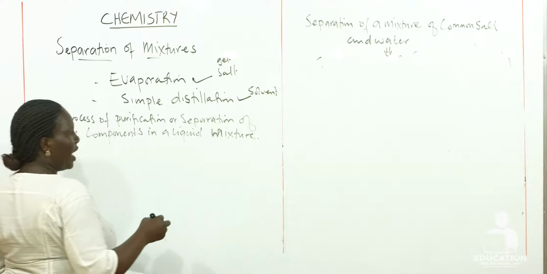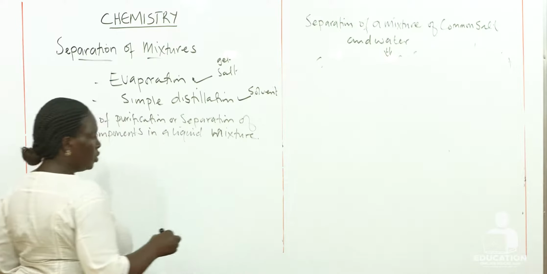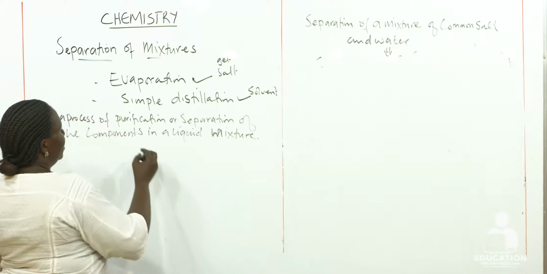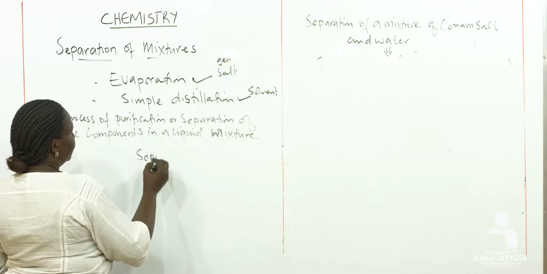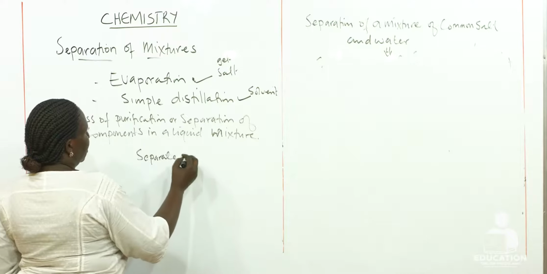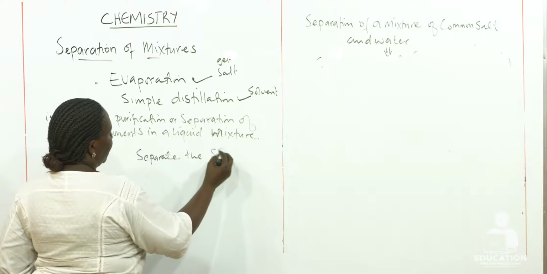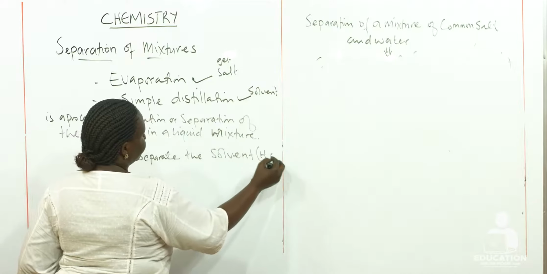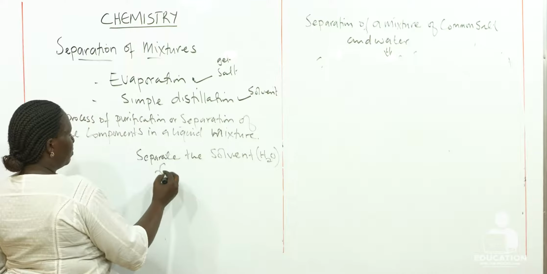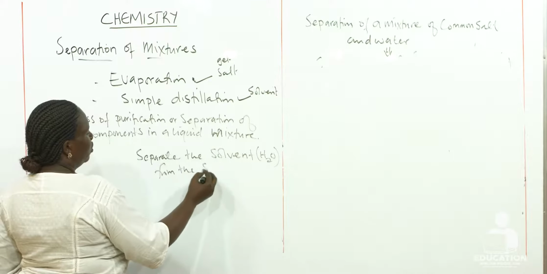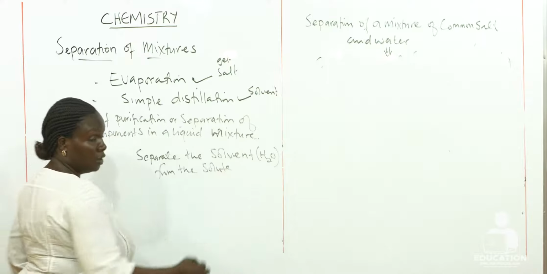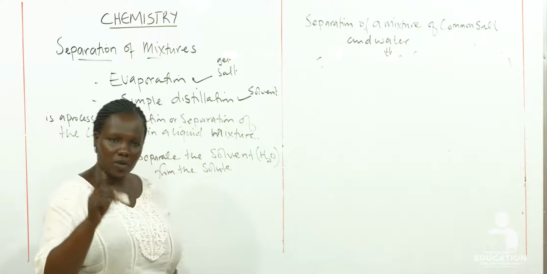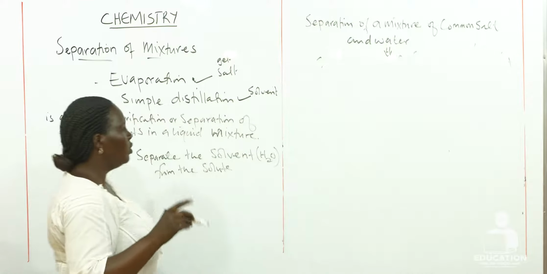So our liquid mixture is the solution of sodium chloride, and our aim is we need to separate the solvent, that is water, from the solute. We need water. We need to separate water from the salt. So we use a distillation set.